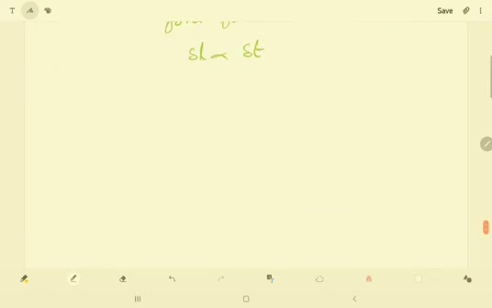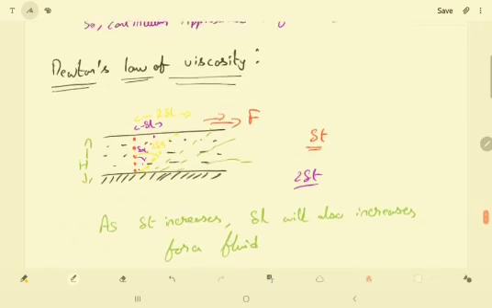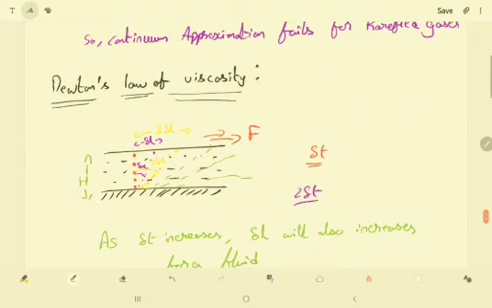So here the stress applied, first let us draw the dimensions x, y, z. We are applying the force in the x direction, and we are seeing the deformation in the x and y direction.